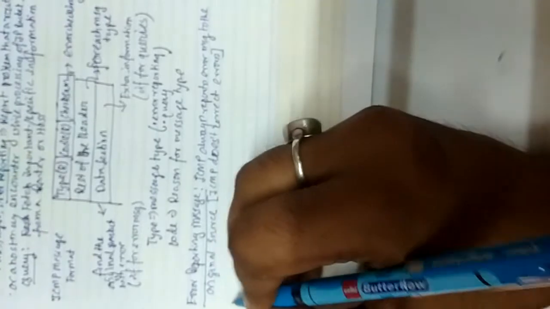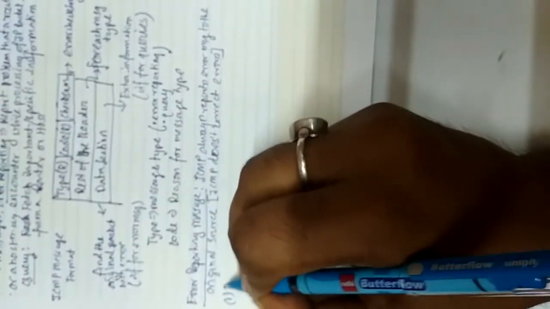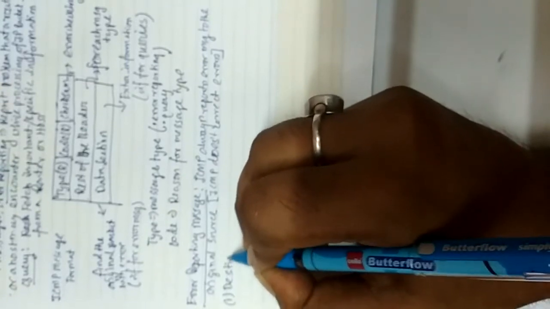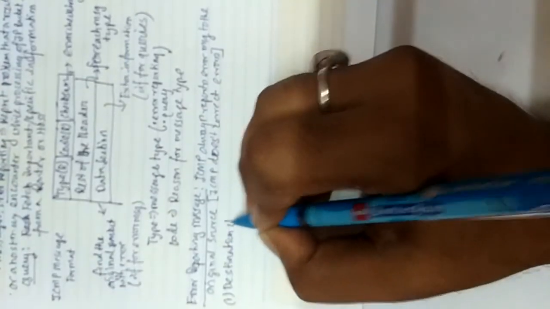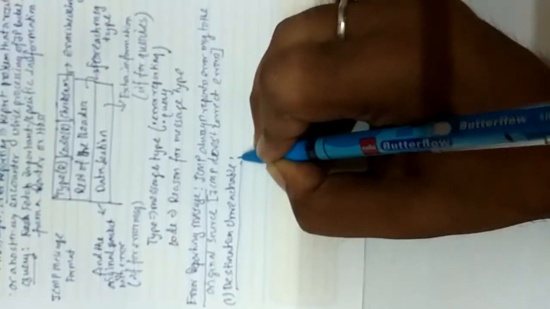So first, let us study destination unreachable. What is destination unreachable? Whenever a route to the destination is not found and the datagram is discarded, the router or the host sends a destination unreachable message to the sender, or to the source.